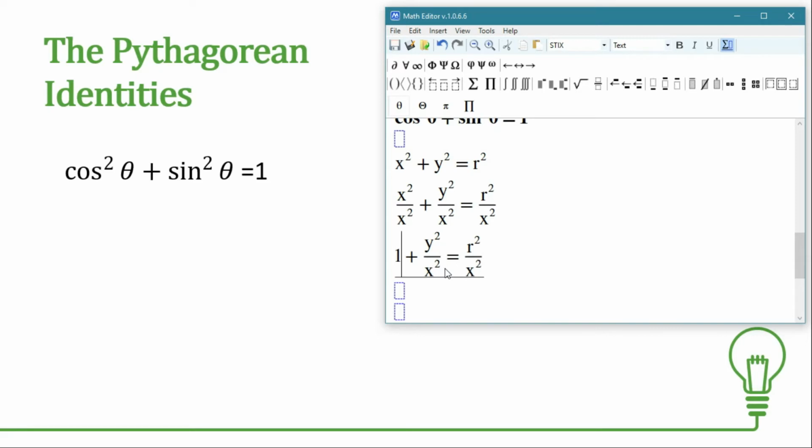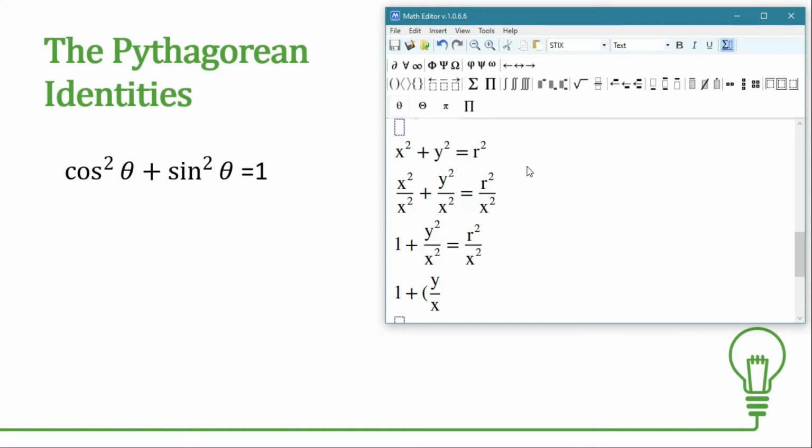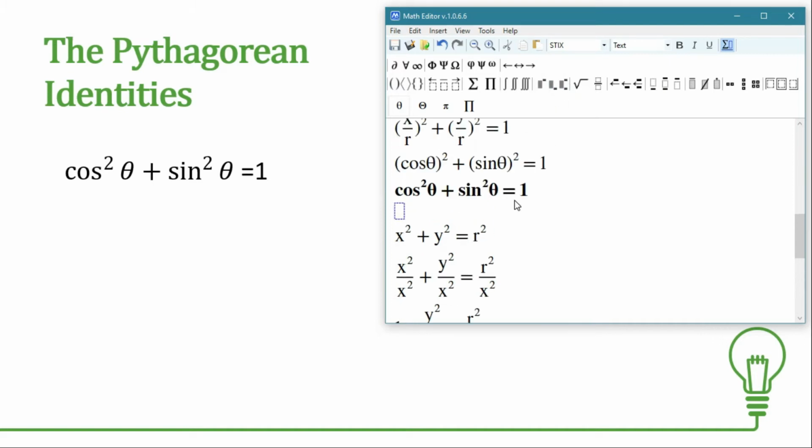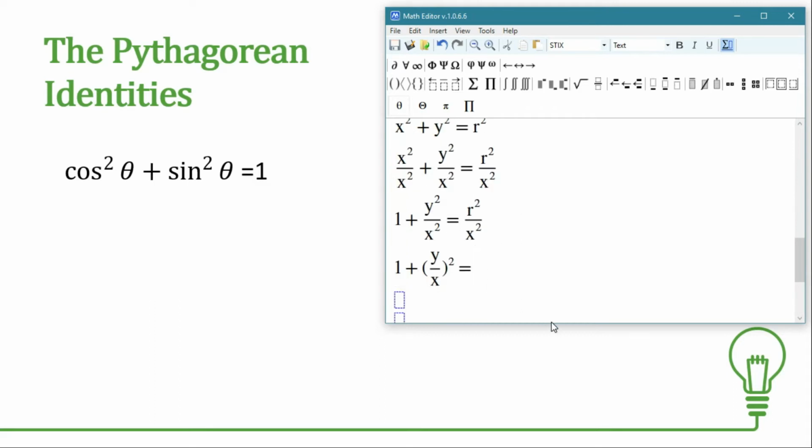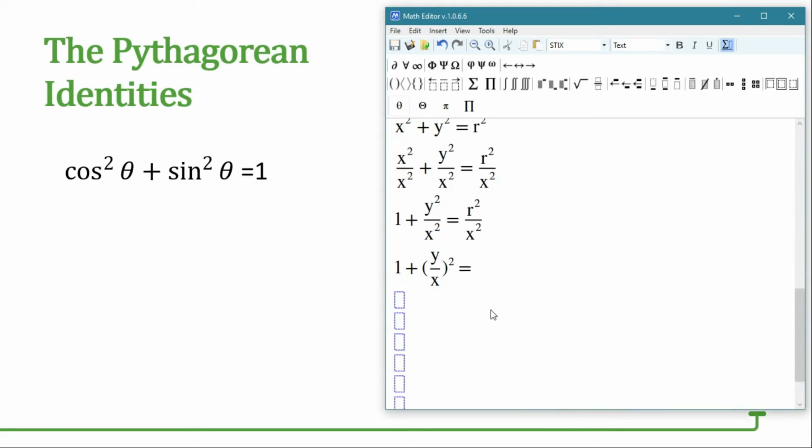And then, we can rewrite that as 1 plus the square of y over x, same thing with what we applied kanina, equals the square of r over x.